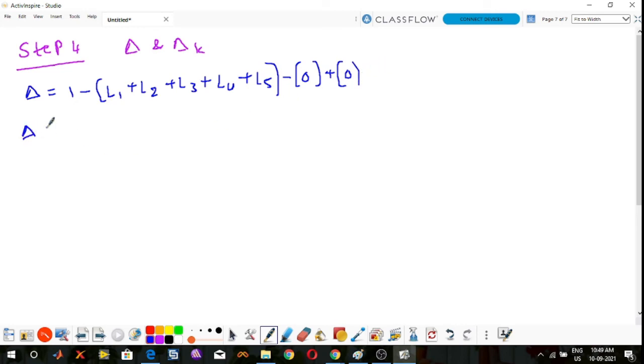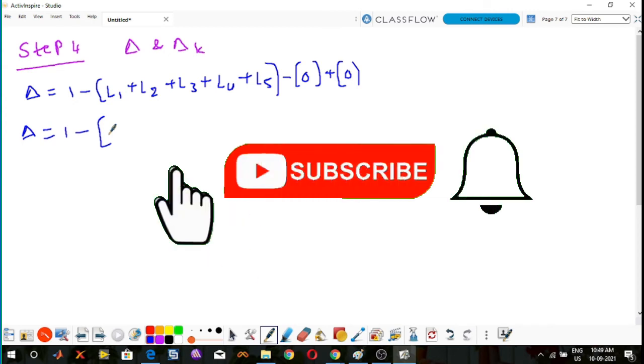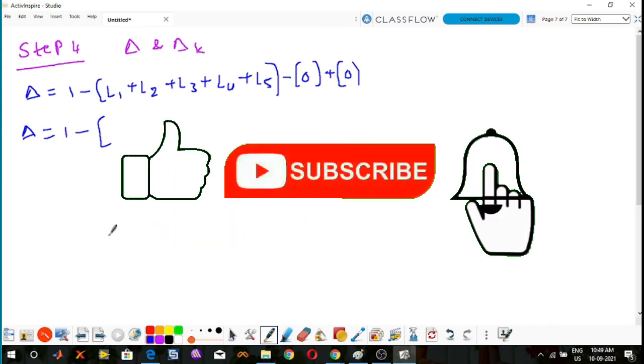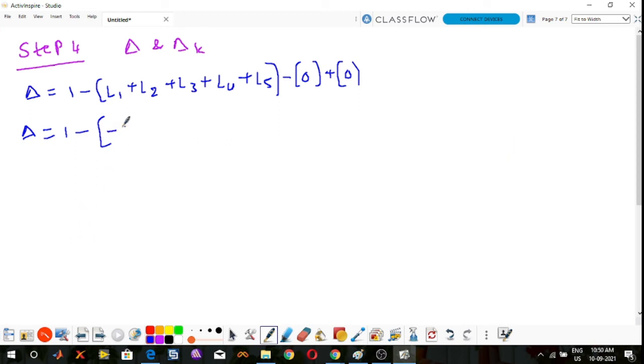So delta is equal to 1 minus, L1 is minus G1 G2 H1, L2 is minus G2 G3 H2, L3 is minus G1 G2 G3, L4 is minus G4 H2, and L5 is minus G1 G4.